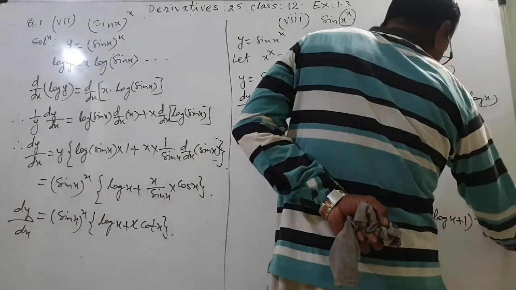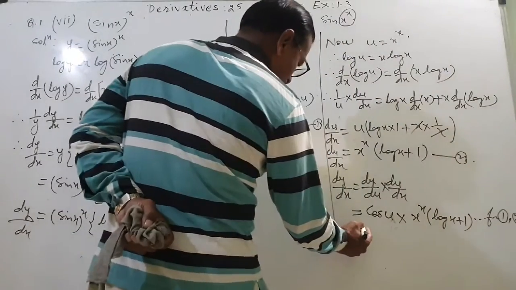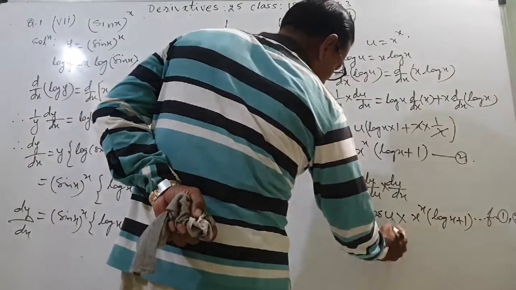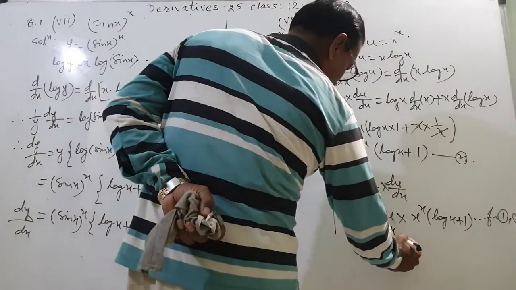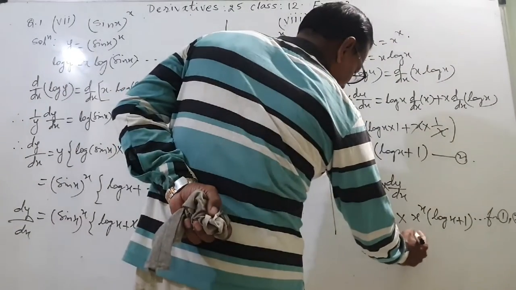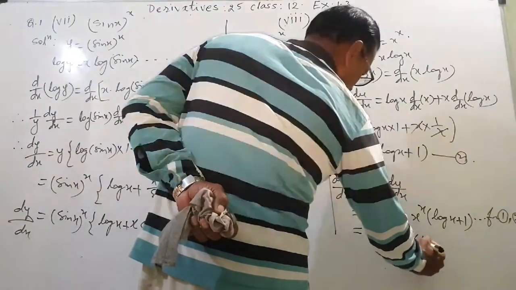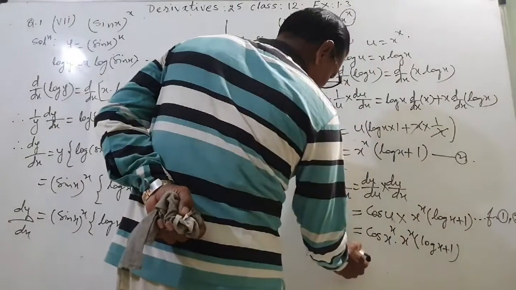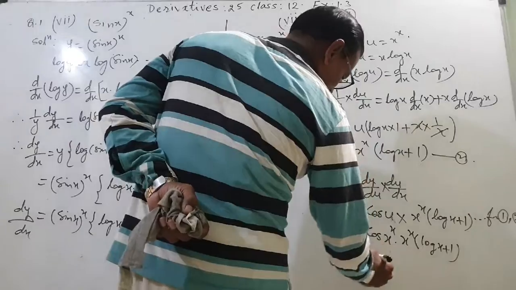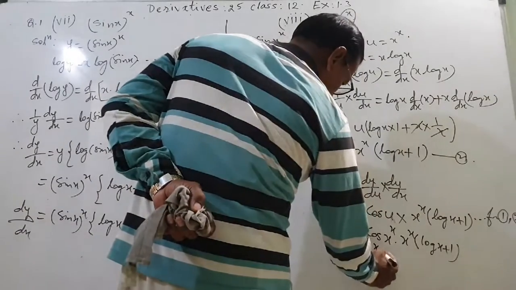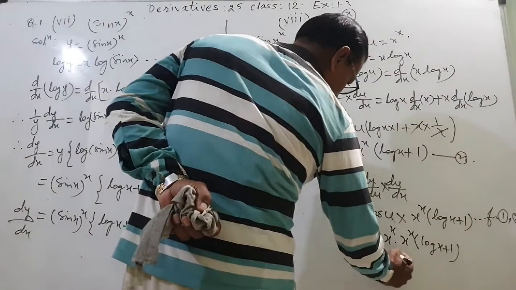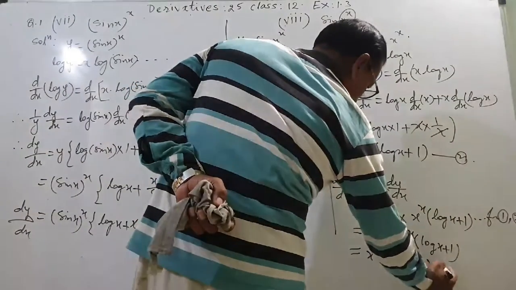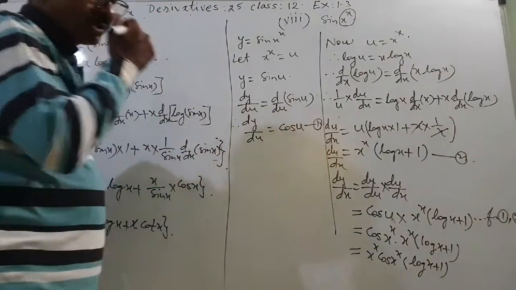That is equal to cos of u, which means cos of x raised to x, into x raised to x into log of x plus 1. And the final answer would be given like this: x raised to x cos of x raised to x into log of x plus 1. Hope that you have understood this.